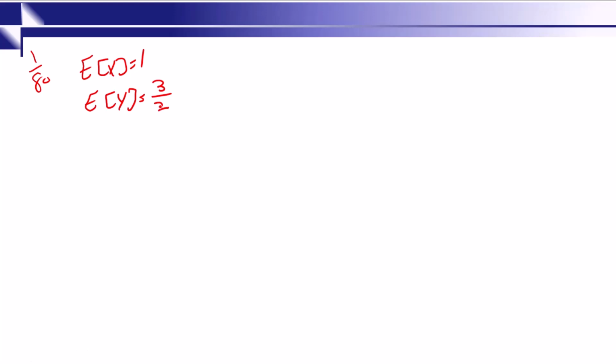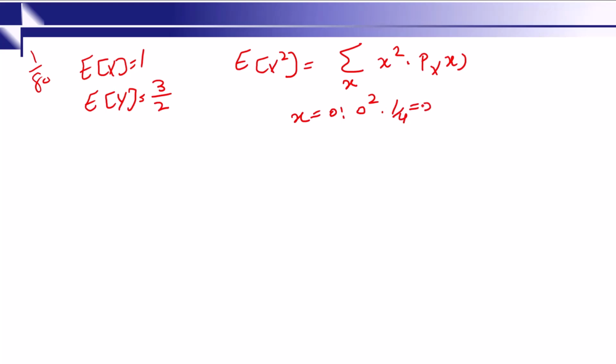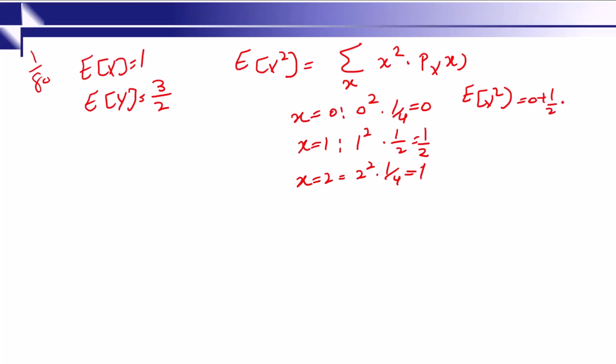In order to find variance, we need to find E of x squared, which is the sum over x squared times p(x). If x is equal to 0, then 0 squared multiplied by 1/4 is equal to 0. If x is equal to 1, 1 squared multiplied by 1/2 is 1/2. And if x is equal to 2, then 2 squared multiplied by 1/4 is equal to 1. So E of x squared equals 0 plus 1/2 plus 1, which is equal to 3/2.